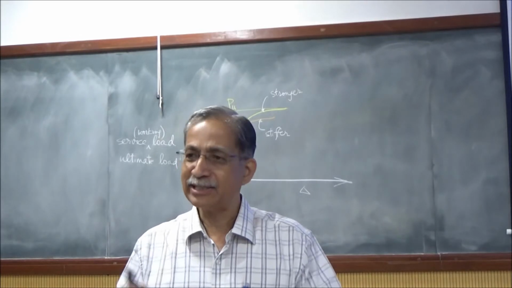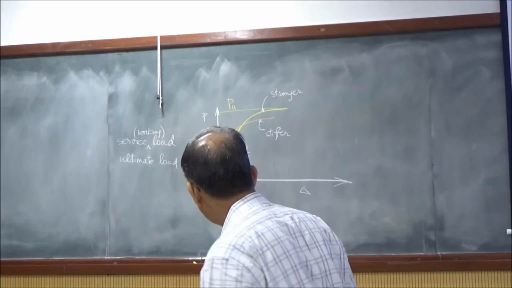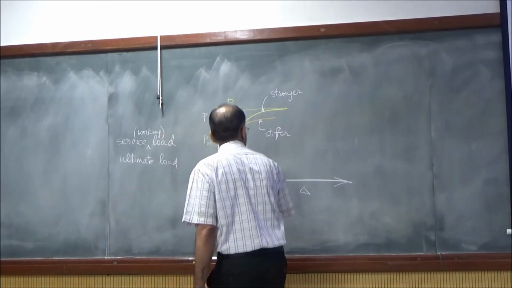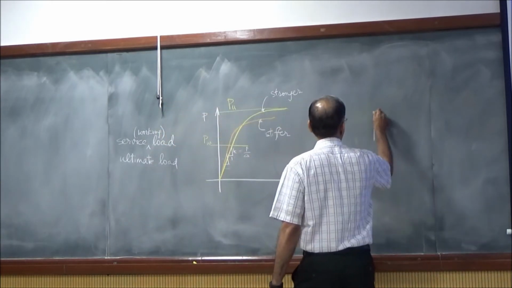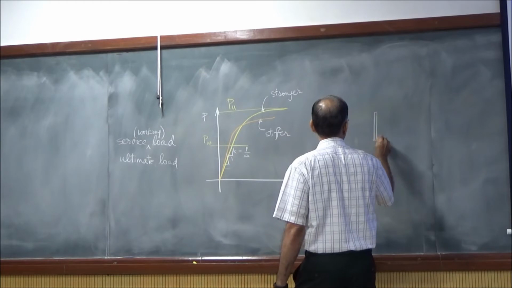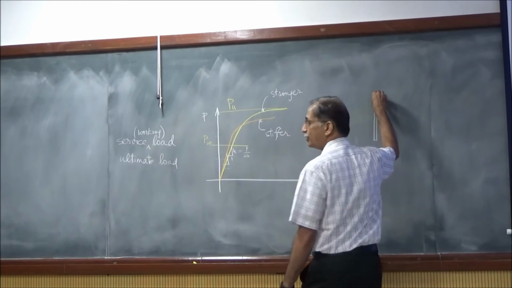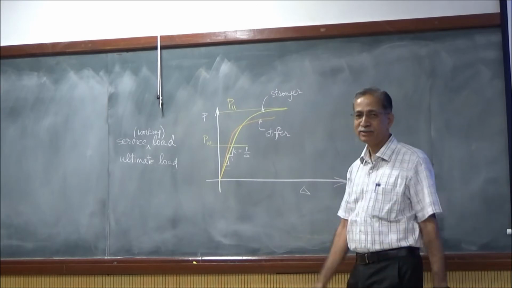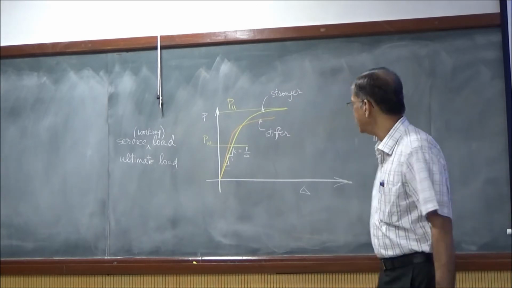Right. Take an axial member. So I could draw this graph for an axial element, either compression or tension. Let's make it tension so the possibility of buckling is not there.